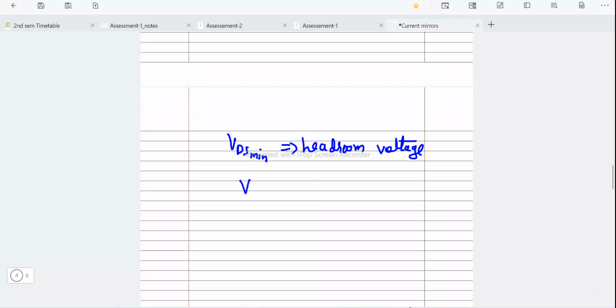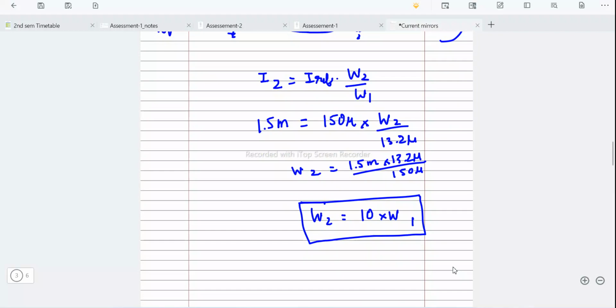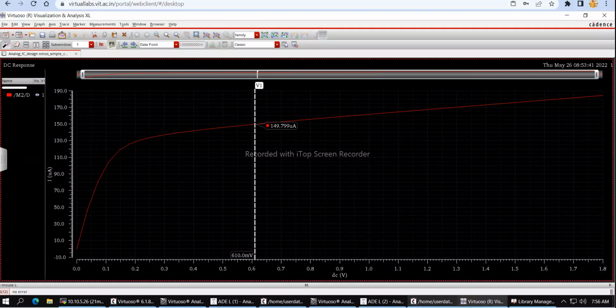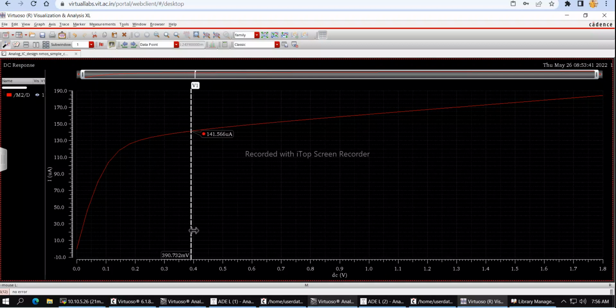So VDS min. It need not be exactly 150 microamps, it can be around 140 or something.